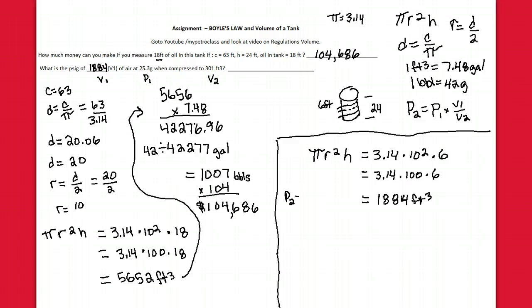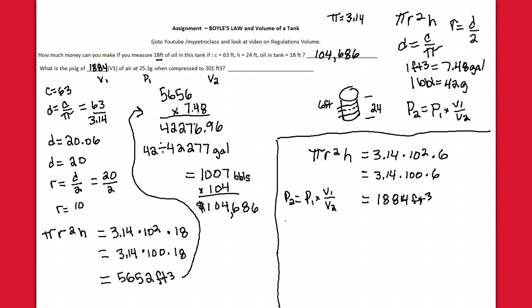And our P1 is 25.3, and then our V2 is 301. All right, here we go. We'll write our formula down. P2 is equal to P1 times V1 over V2. I'm going to write a little smaller because I'm running out of space.